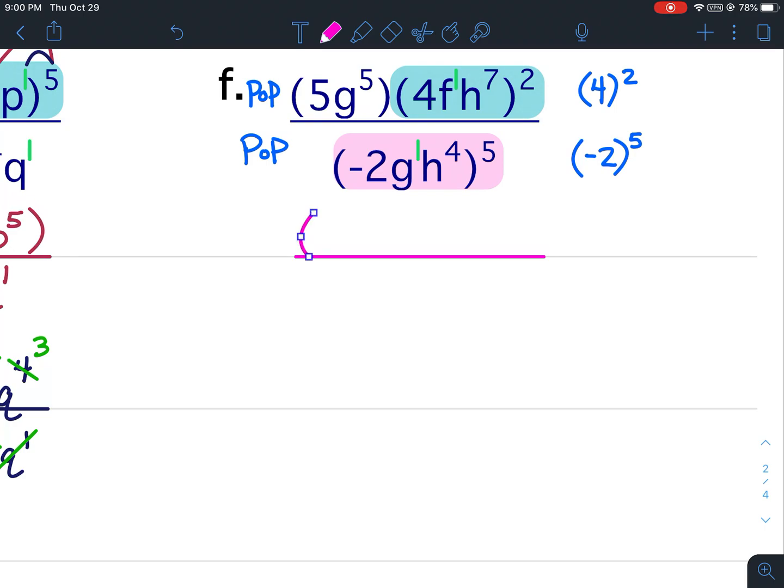The 5g, we're not going to do anything with 5g to the fifth, but bring it down. So 5g to the fifth.